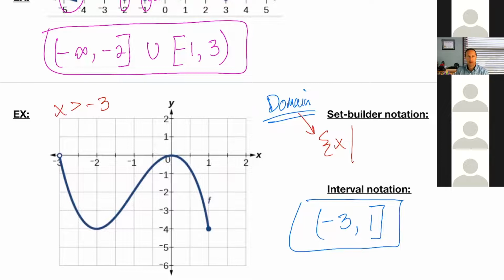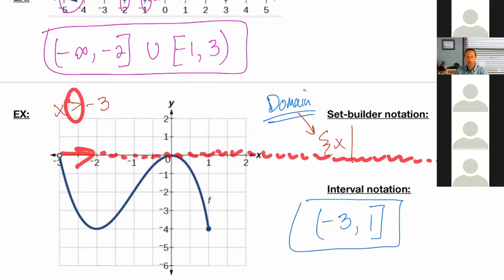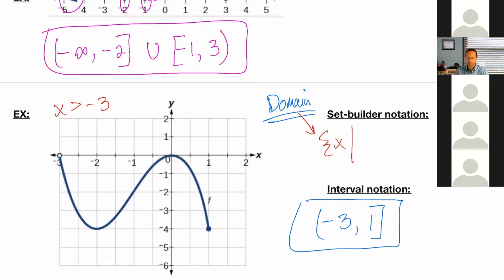It means any number, or x will represent any number greater than -3. And wouldn't that be anything this way? Yes. Do I want anything and everything this way though? You're going to want to stop at 1. Good. So I also want to let you know, x can be greater than -3, but I also want x to be less than or equal to 1.